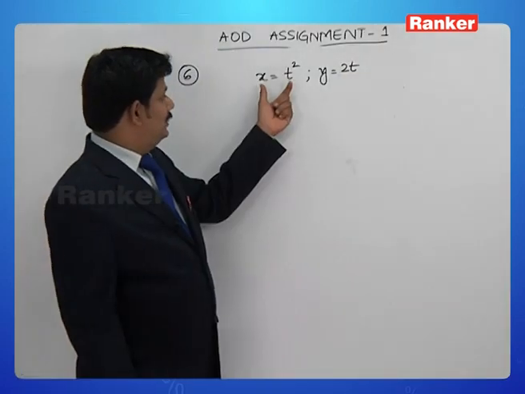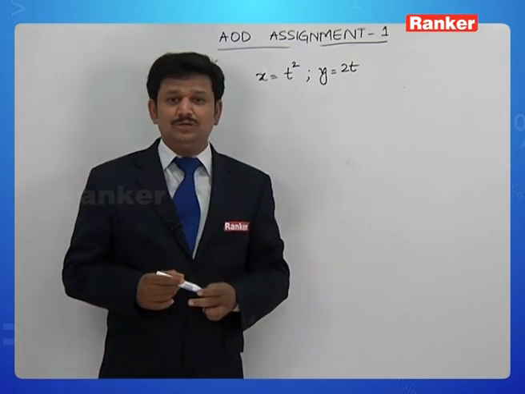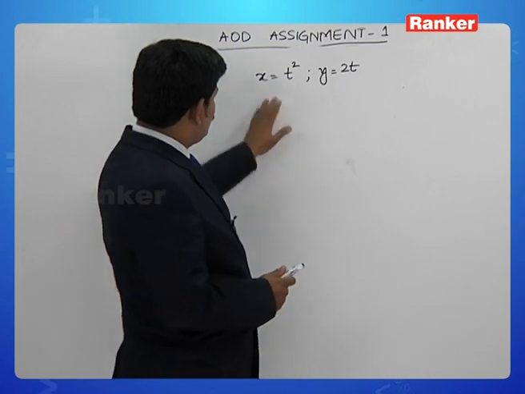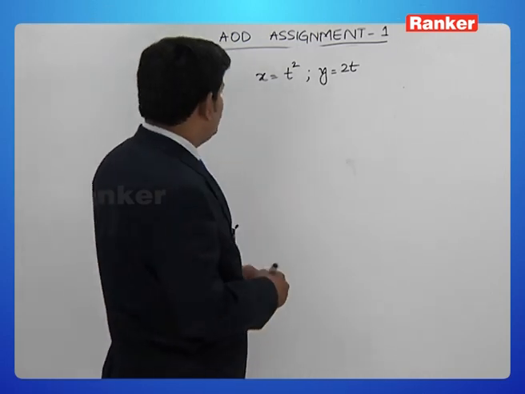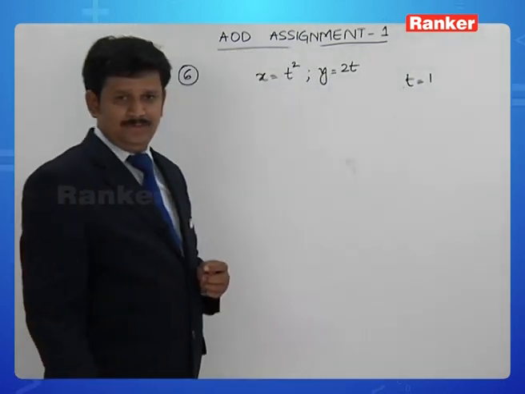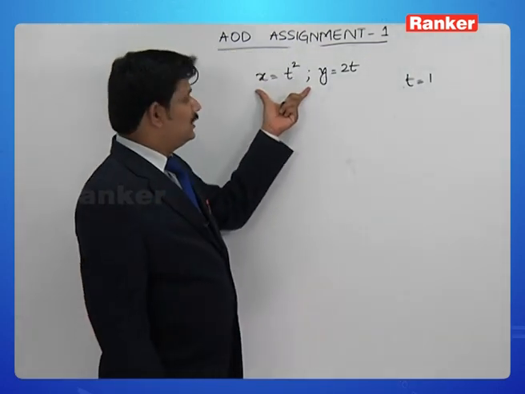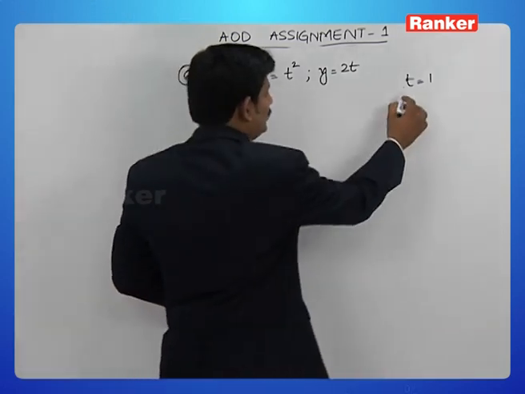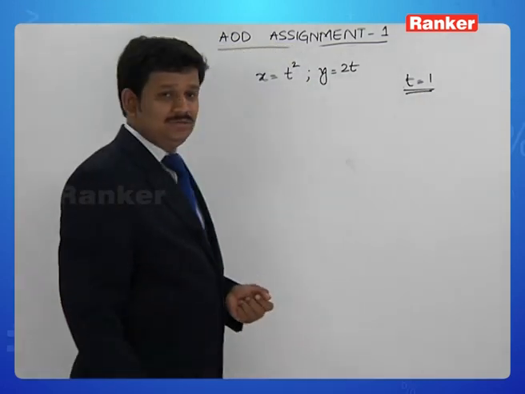We are given the curve x equal to t square and y equal to 2t, and we are asked to find the equation of the normal at the point where the parametric coordinate t is equal to 1.